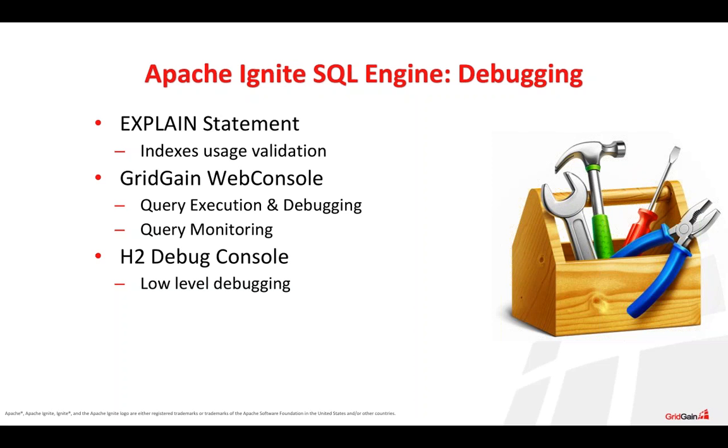And even more, it allows you to monitor the queries that are being executed over your cluster. And since we now know that H2 is used by the Apache Ignite SQL engine, you can connect to H2 on a local node and do some low-level debugging if needed.